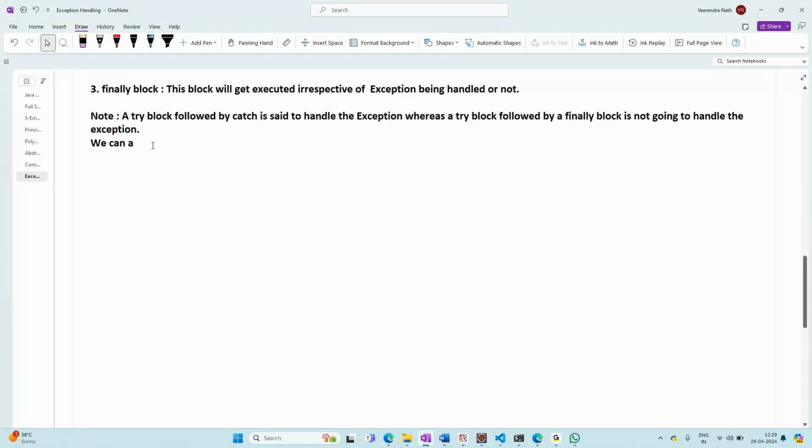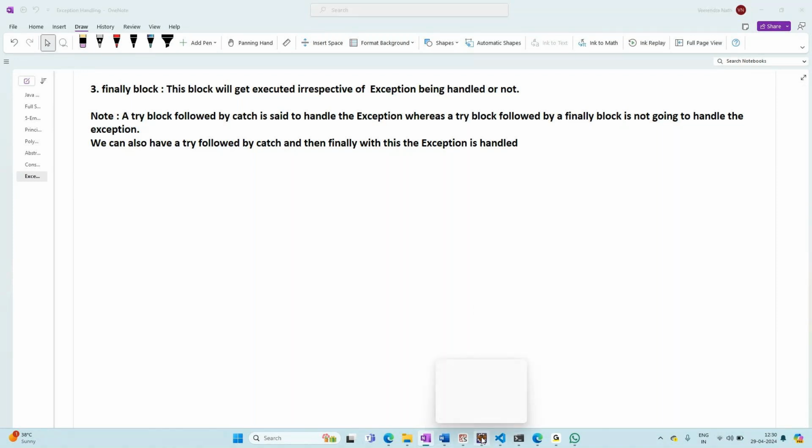We can also have a try followed by a catch and then finally. With this the exception is handled.